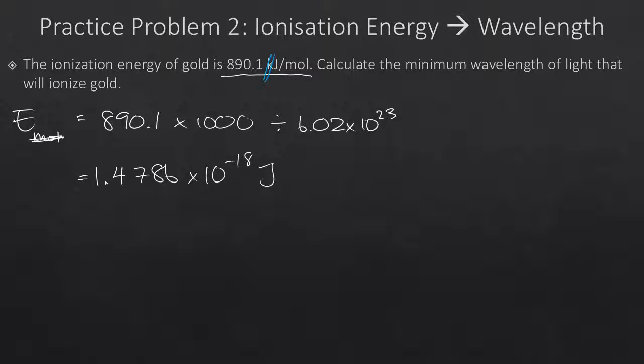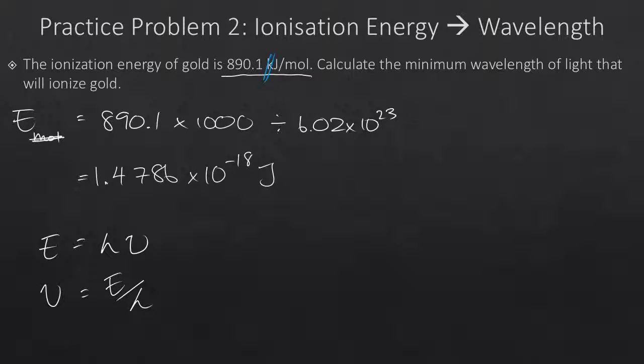So I have my joules. What I need to do next is put that number into the Planck equation. Planck equation is E equals Planck constant nu, so I need to convert that: nu equals energy divided by Planck constant.